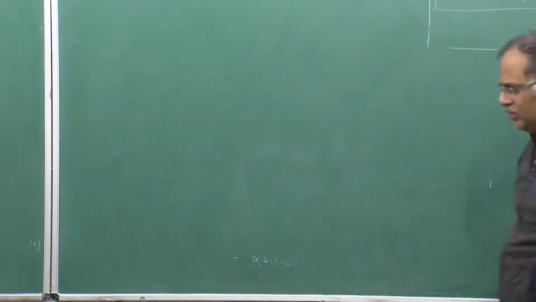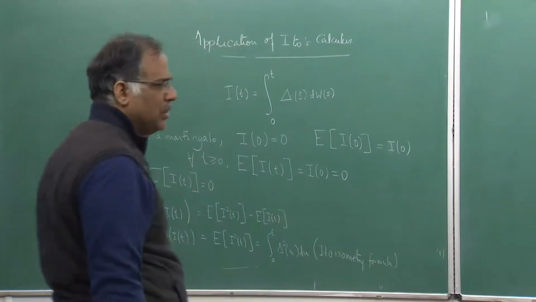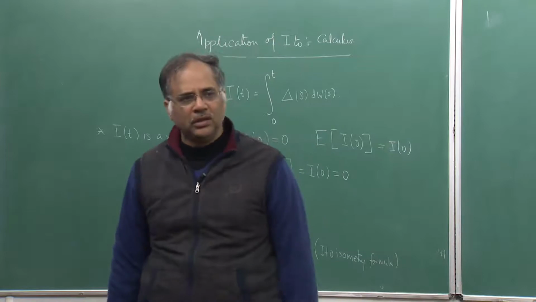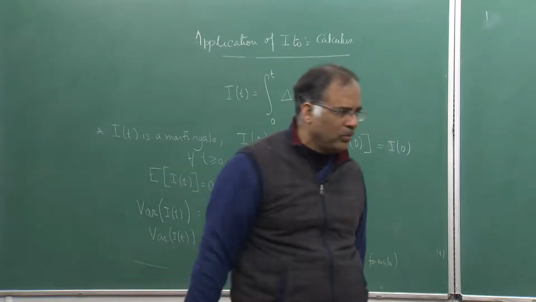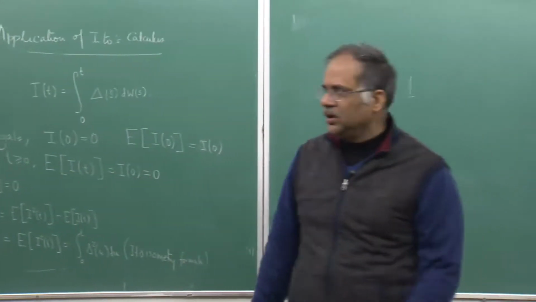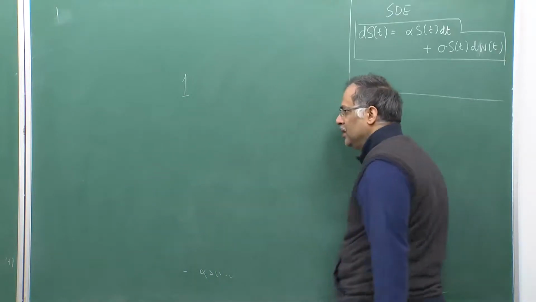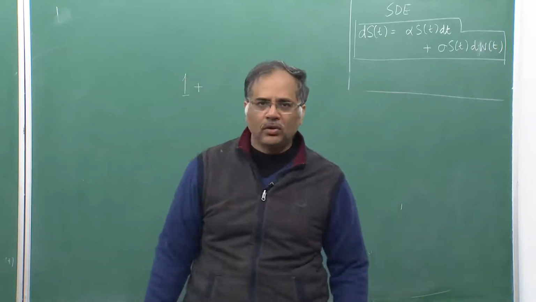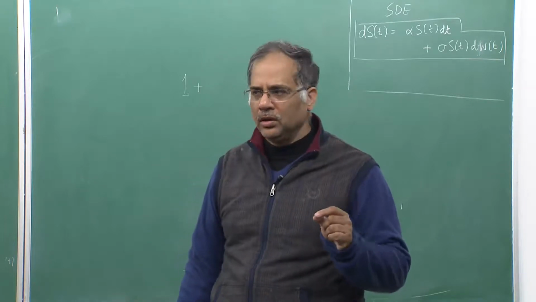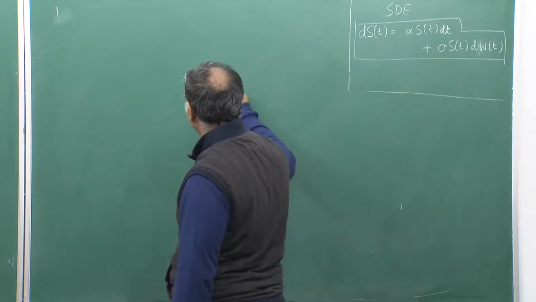So what is an interest rate? Suppose I have 1 rupee, I invest in a bank and the bank tells me that after time t, I am going to get back some money with an interest rate r, which means he is going to pay me after time t not only rupees 1, but the interest, which is the percentage, rupees r into 1.